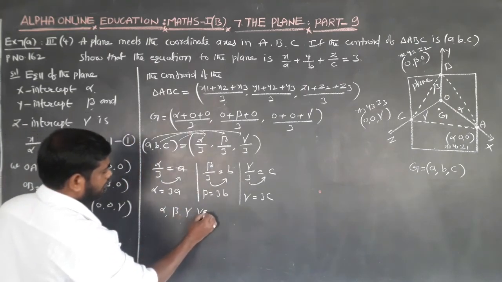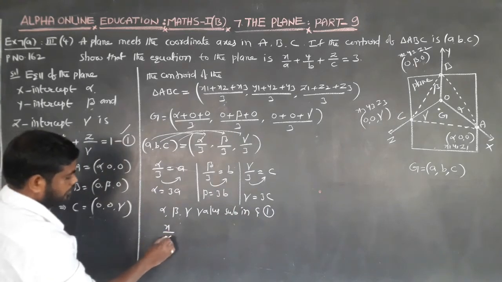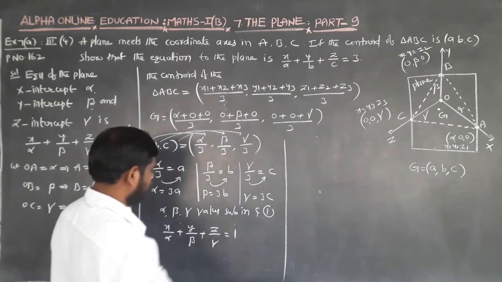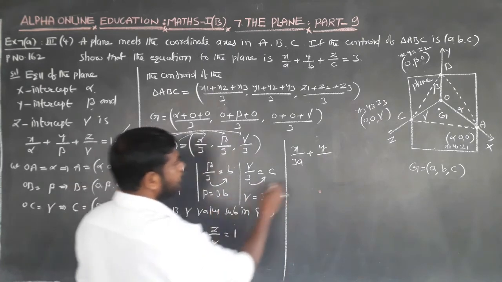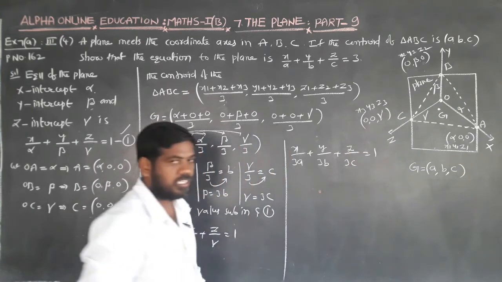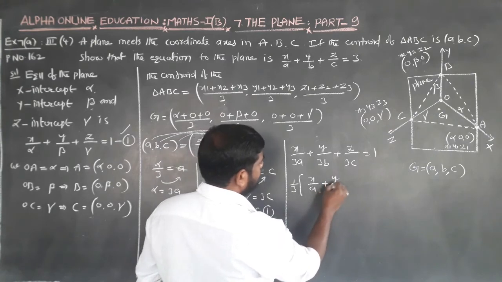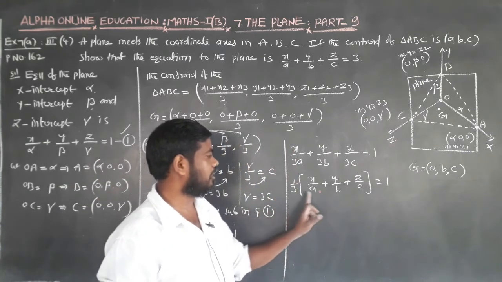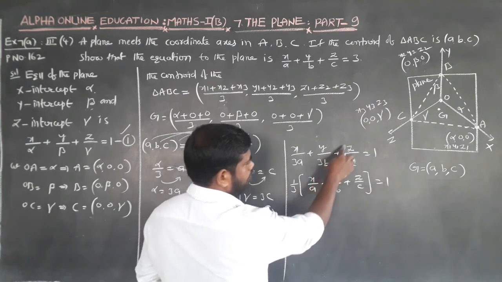Substitute the values of alpha, beta, gamma in equation 1: x/alpha + y/beta + z/gamma = 1. So x/(3a) + y/(3b) + z/(3c) = 1. In all three terms, 1/3 is common. So (1/3)(x/a + y/b + z/c) = 1.